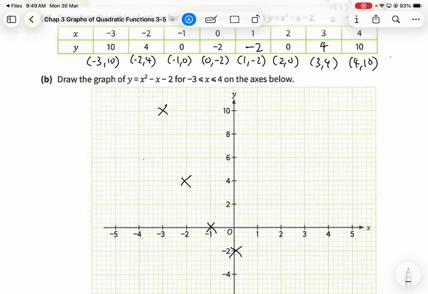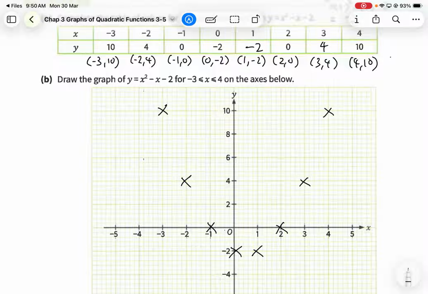So here. 2, 0. 3, 4. 4, 10. Okay? Then you have all these points already.